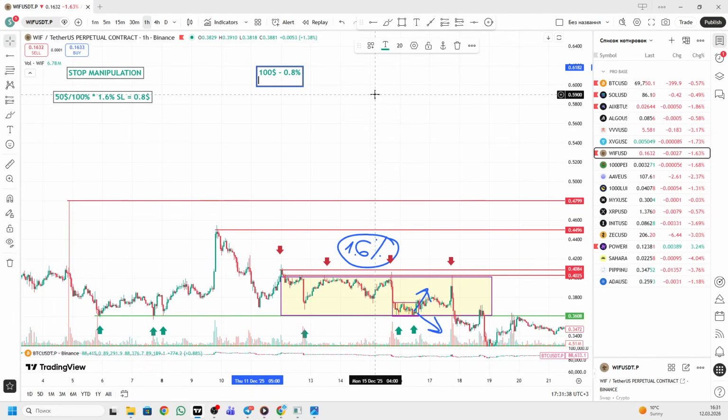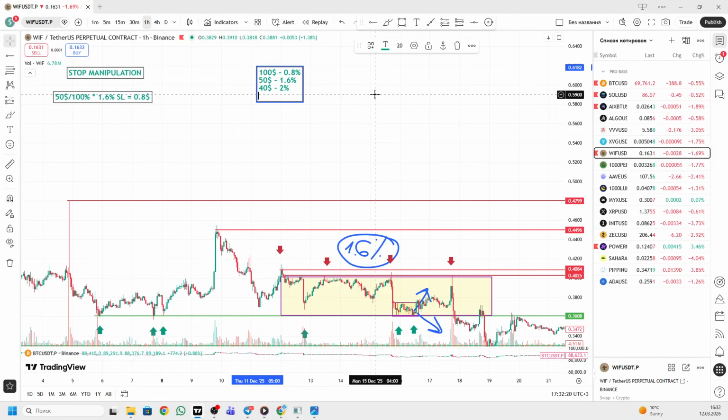If we have $50, our stop loss will be 1.6%. If we have $40 as a trading size, how much can we put the stop? Please write it. I'm waiting. Just guess. Try to answer. Of course, 2%.